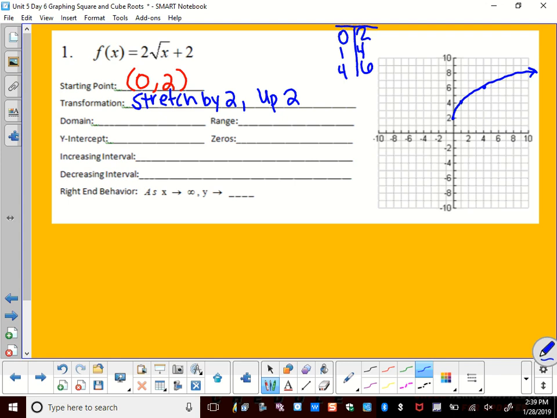Alright, my domain. If I'm looking from left to right, where does my graph start? 0, because we're looking at our x values. So my domain is from 0 to infinity. That 0 needs to get what? A bracket. Infinity gets a parenthesis.